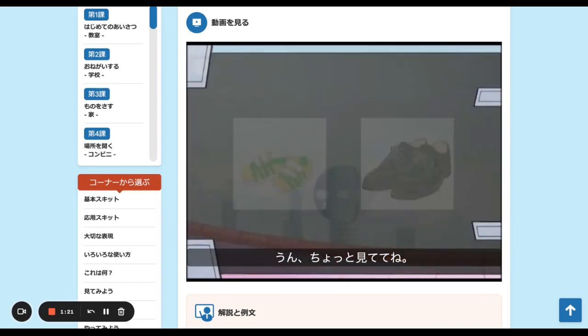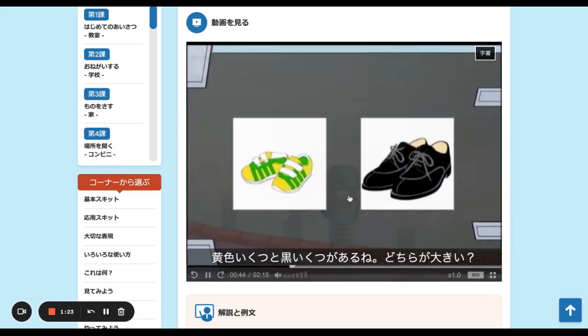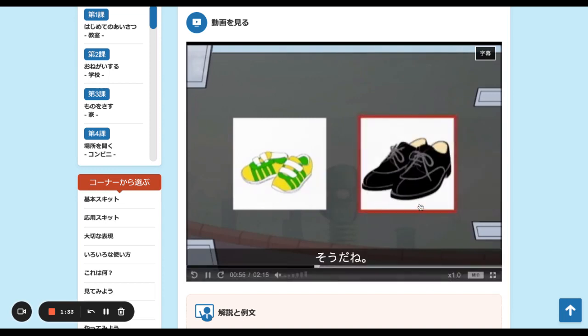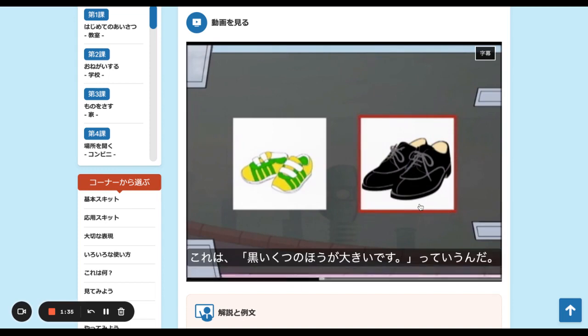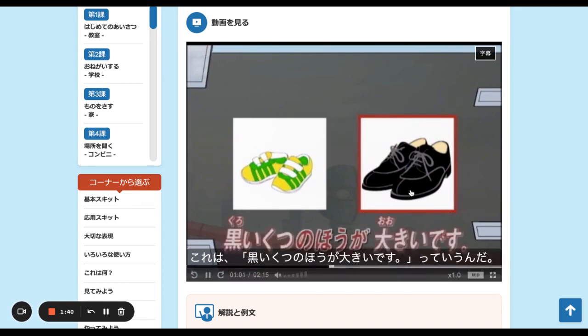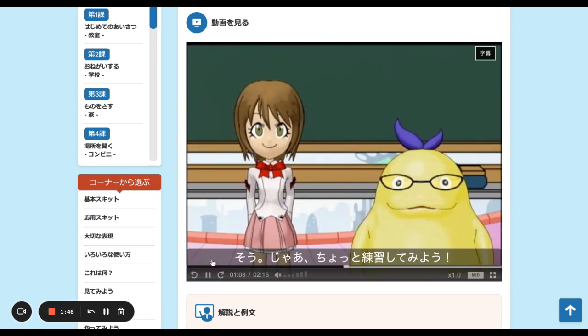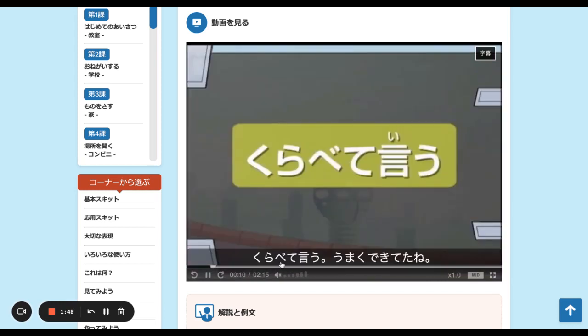So in this case, it's そっちの方. But in this case, 黄色い靴と黒い靴。どちらの方が、どちらが大きいですか？黒い靴の方が大きいです。So it's の方が。黒い靴が大きいです。It's just black pair of shoes. Black shoes are big. But you need to make sure that you're saying comparing.